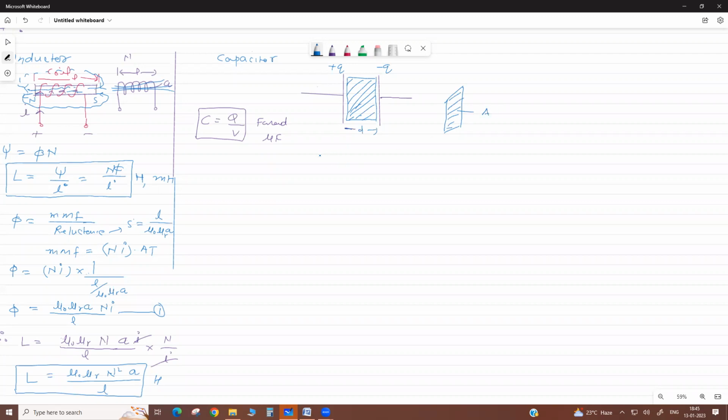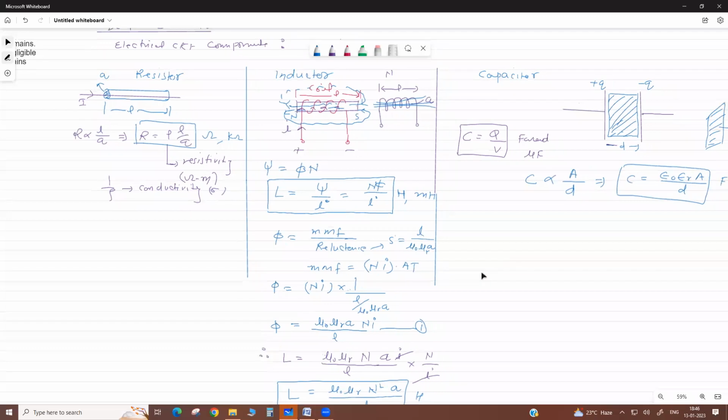Then, very simply, capacitance is directly proportional to the area of the plate and inversely proportional to the distance D, or C equals epsilon 0 epsilon r A by D, in farad or microfarad. This is the capacitance for parallel plate capacitors, correct?